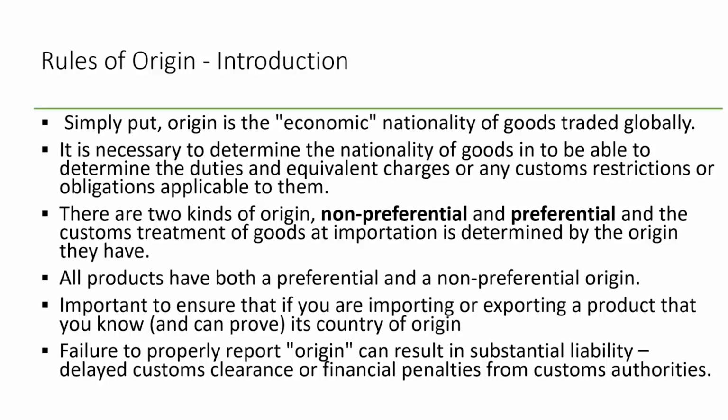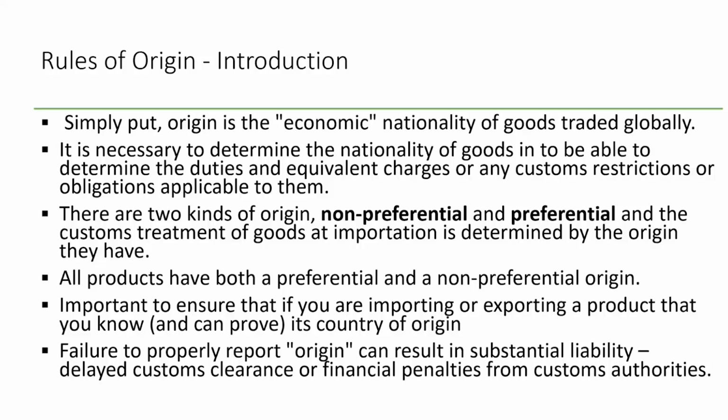Okay, so moving on to rules of origin. What is it? Rules of origin is the economic nationality of goods traded globally. And when I say it's economic, it's where the country of origin is different to the country of dispatch, right?